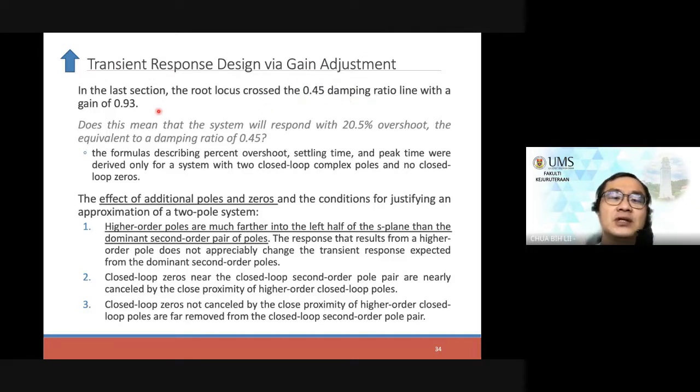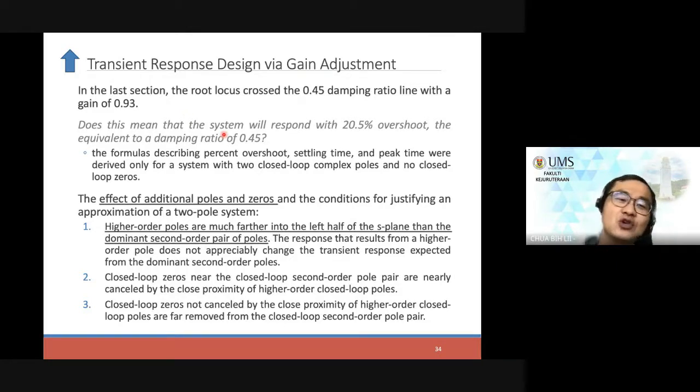In the previous sections, we wanted the 0.45 damping ratio line, and we found that the gain is 0.93.